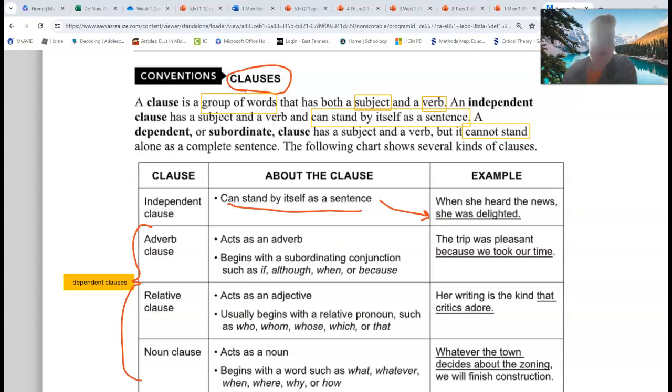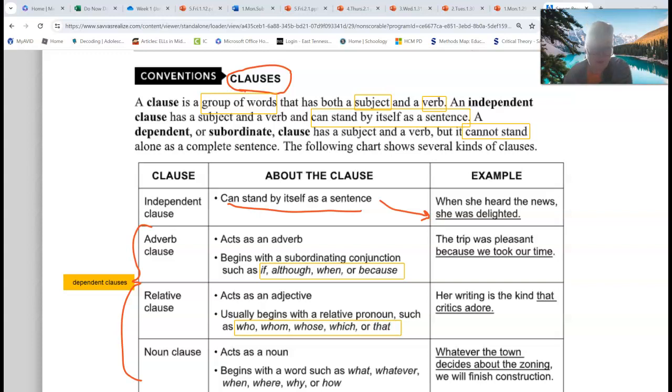So some things to look for. This isn't always true, but they've given you some possible words to look for as clue words. So adverb clauses could start with although, when, or because. Relative clauses could start with who, whom, whose, which, or that.